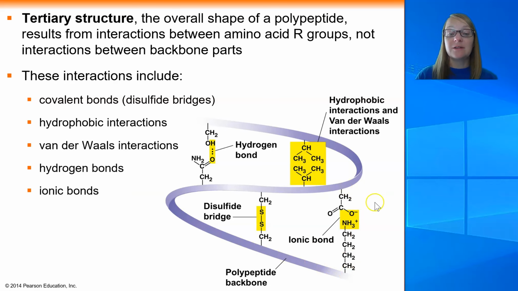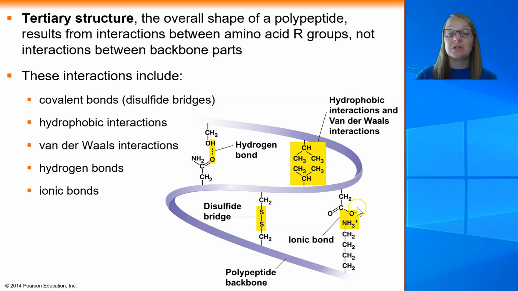And then lastly, here we have an example of an ionic bond holding together parts of the protein. So this R group down here has an amino group, which remember can act as a base. And then here on this R group, we've got a carboxyl group. And this, again, remember, can act as an acid. And so when these two groups ionize, they develop charges.